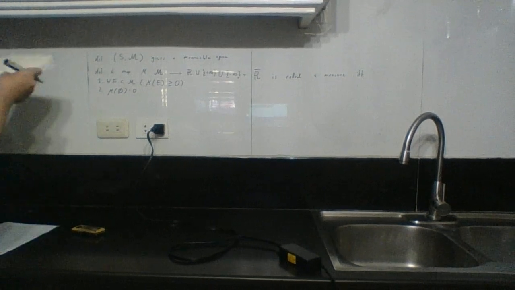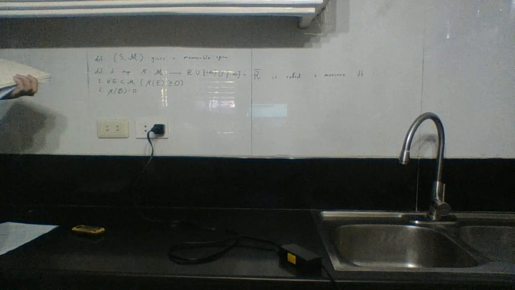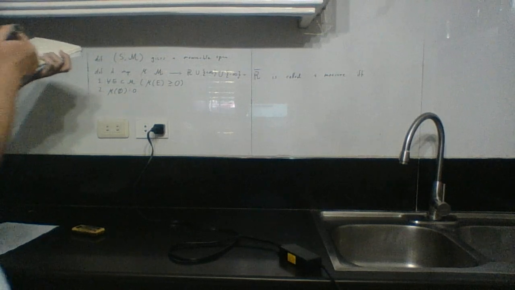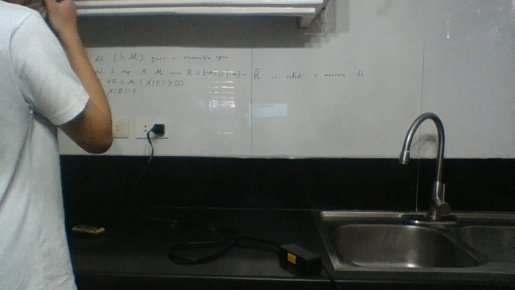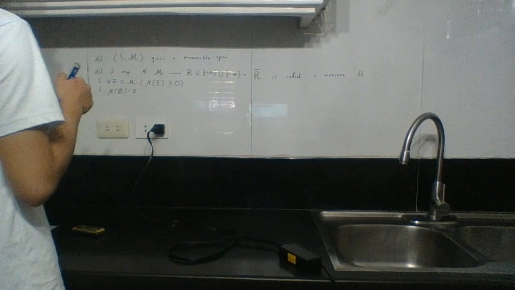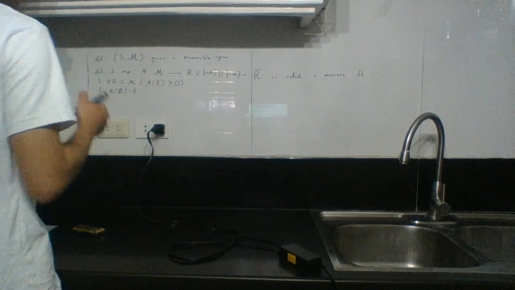Okay. So third one, for all countable collections of pairwise disjoint sets in my sigma algebra, it must hold that the measure of their union is equal to the sum of the individual measures.